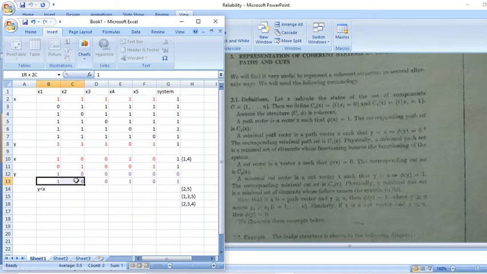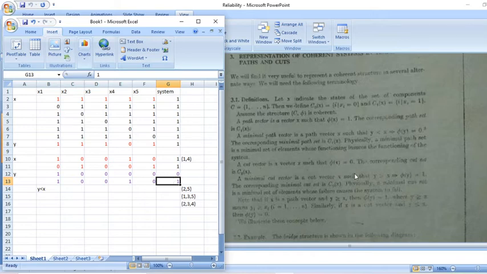So this is a minimal cut vector. What is the reason? This is a cut vector, but when we move at least one of the elements from 0 to 1, the system structure becomes 1. So we call it a minimal cut vector.